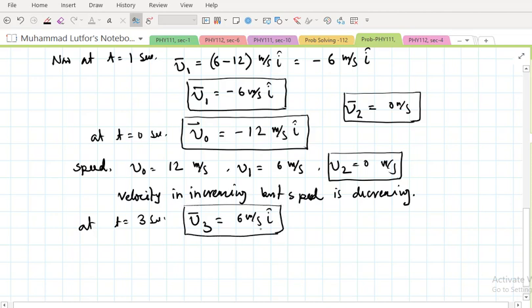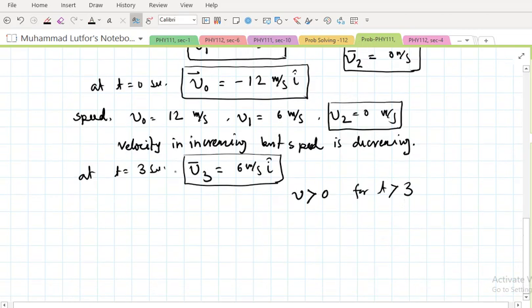And speed will also increase. So we can say that velocity is greater than 0 always for t greater than 2, right? But in the case for 0 to 2 seconds, basically the velocity is less than 0, right?